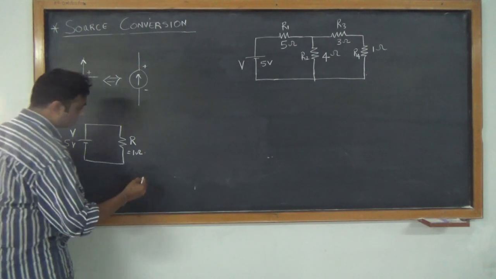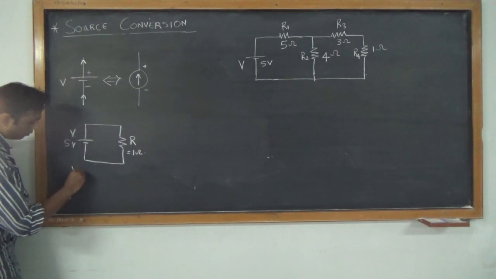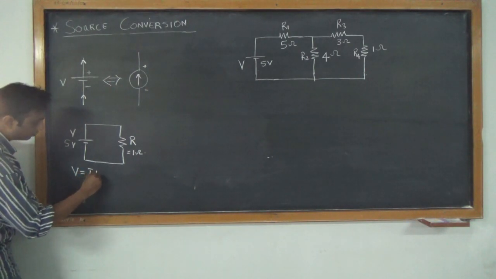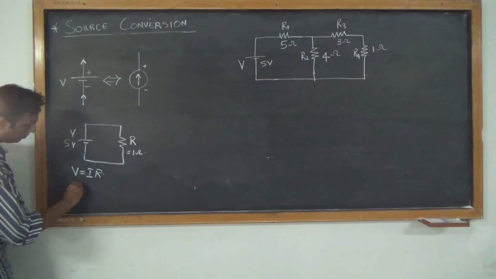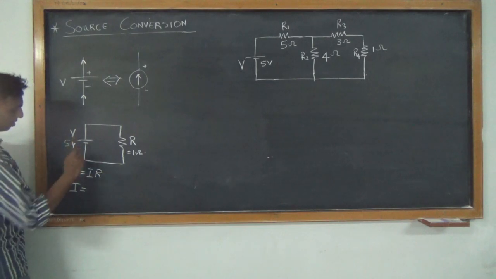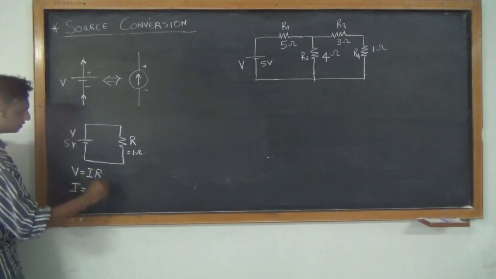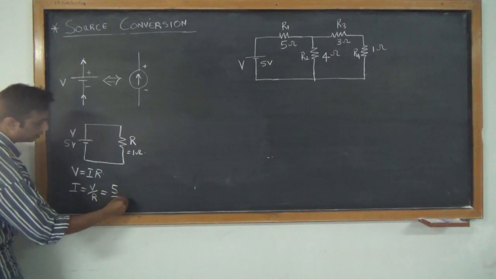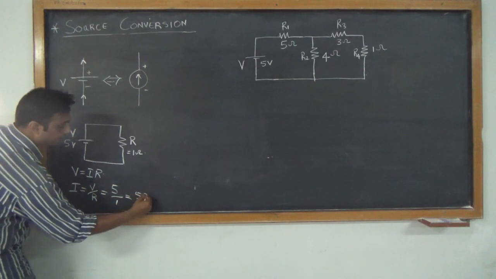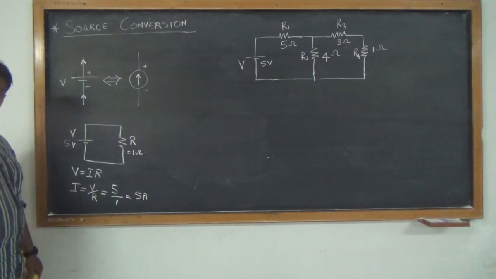Now according to Ohm's law, V equals I into R. So I will be equal to what? I will be equal to V divided by R. V is 5, R is 1, so I get 5 amps.